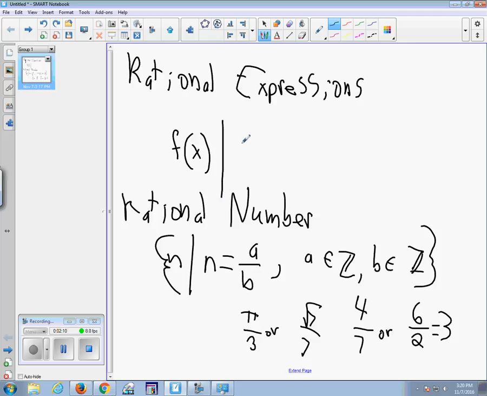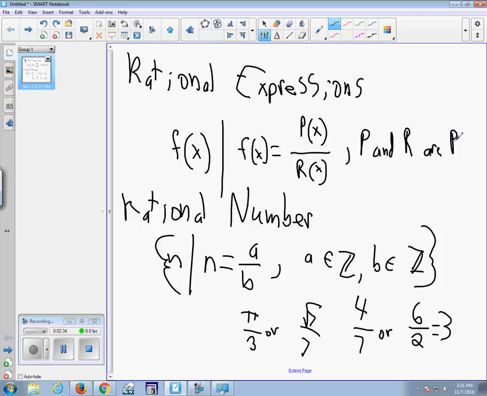All functions that can be written as a ratio of these things, P over R, where P and R are polynomials.